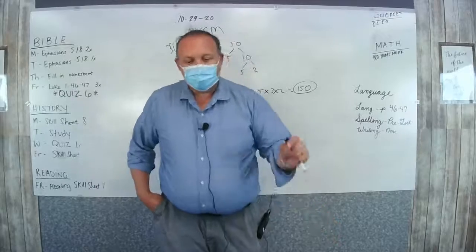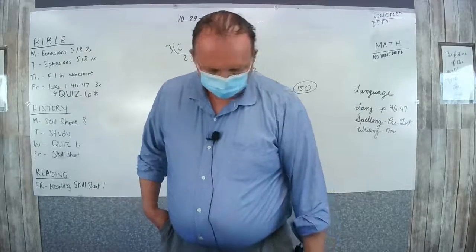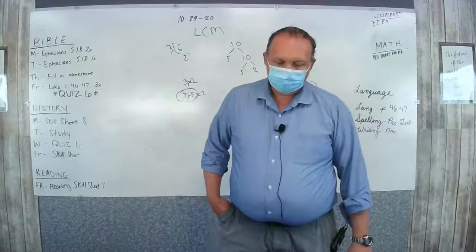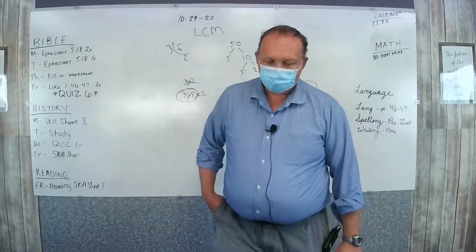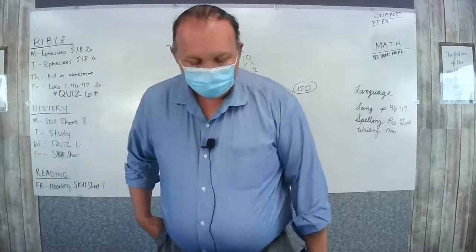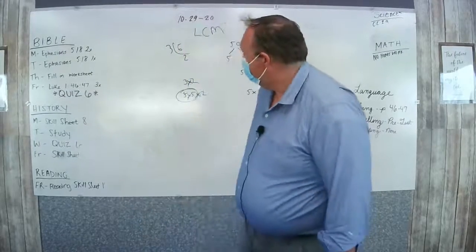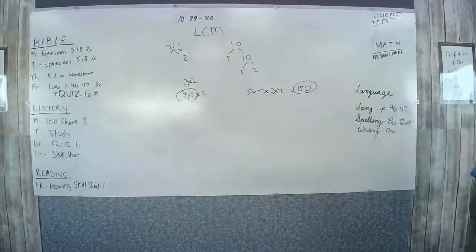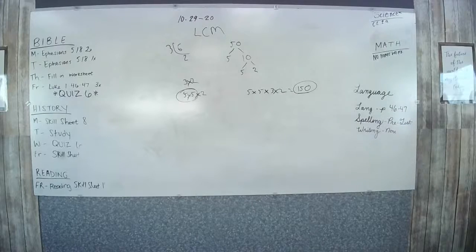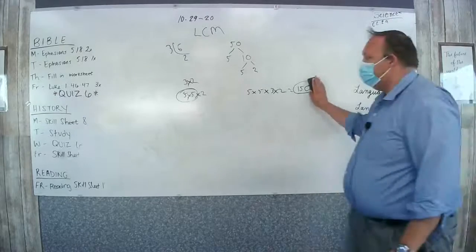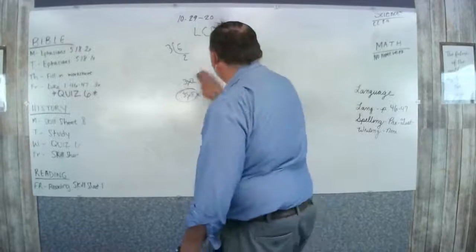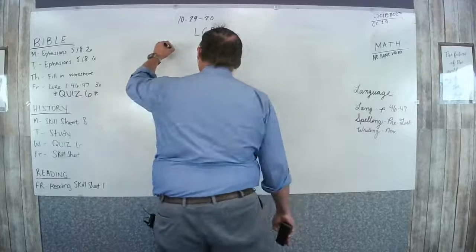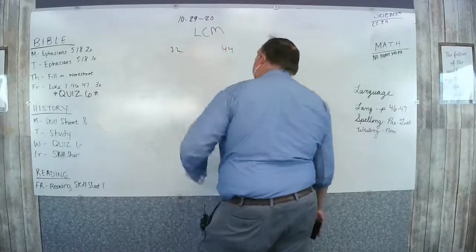Now, let's do number 3. Number 3. No, not number 3. What's going on with these problems? Let's do number 4. Okay? So you guys are going to do it together with me. We have the numbers 32 and 44. Okay? 32, 44.